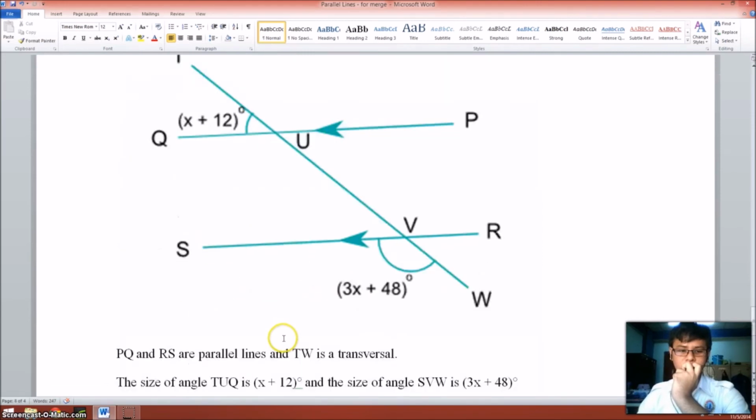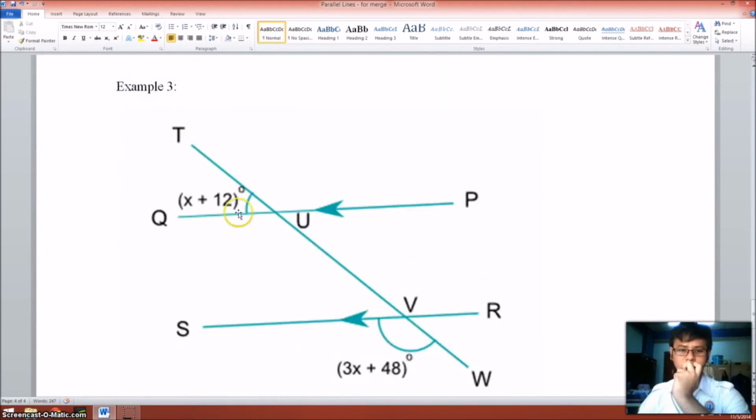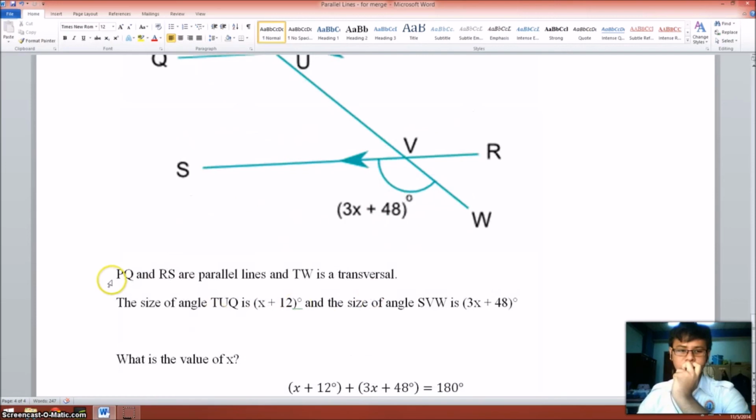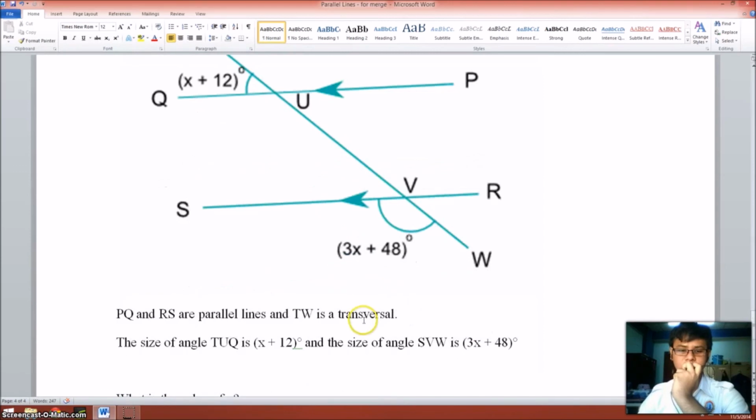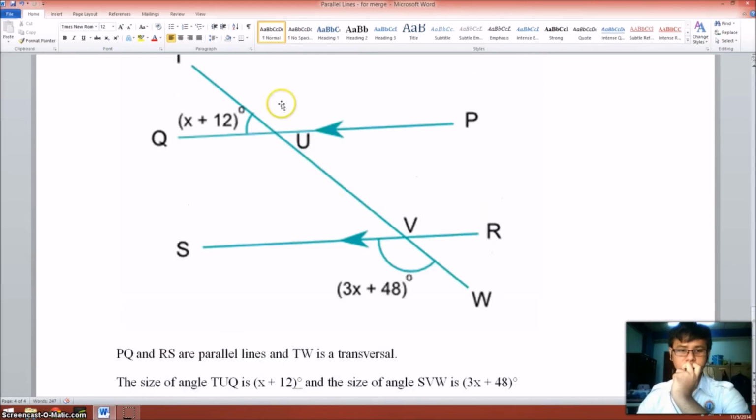Let's take another question. This diagram is for example 3. PQ and RS are parallel lines, and TW is a transversal. The size of angle TUQ is x plus 12 degrees, and the size of angle SVW is 3x plus 48 degrees.